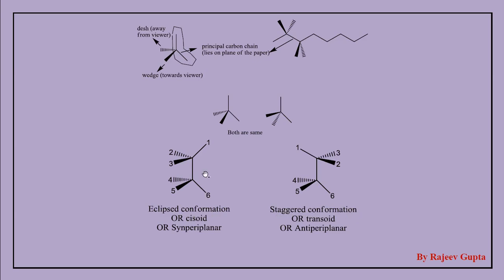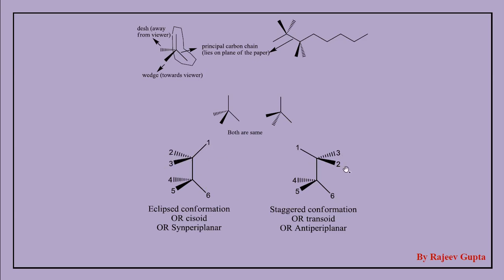In staggered conformation, if we fix this lower portion 4, 5, 6, and move this upper portion, means make rotation around this carbon-carbon single bond, then we get this type of structure, and this rotation will be 180 degree. This 1 goes to here, it is a total 180 degree rotation.